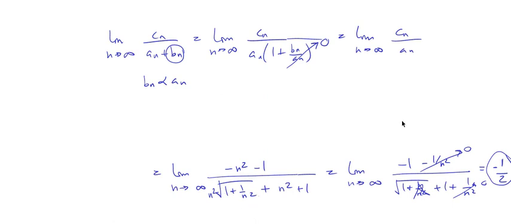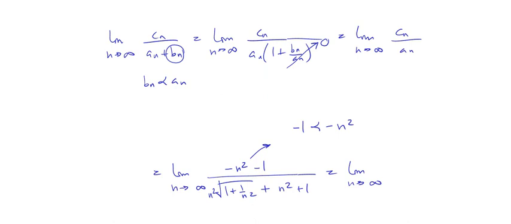Okay, but we have done it explicitly. But you could say, well, minus 1 is negligible when compared to minus n squared. So the limit of this is just the limit of minus n squared, and then you have this. In this case, 1 over n squared is negligible in comparison with 1.